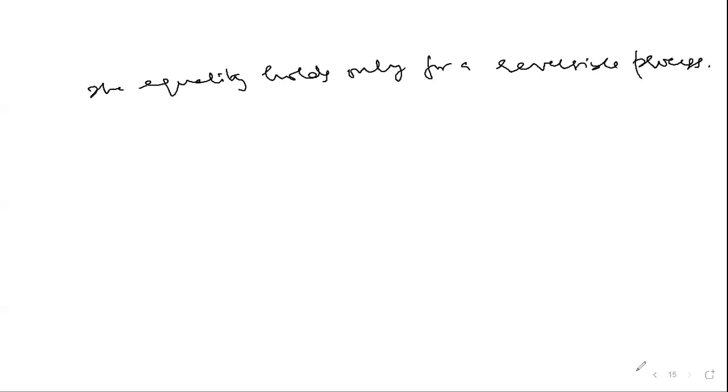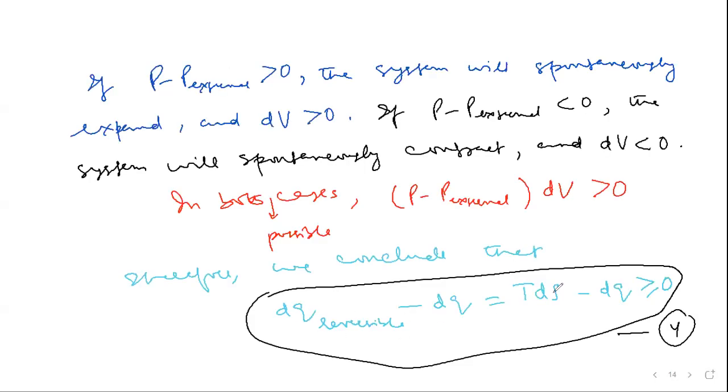This equation 4, TdS minus dq is greater than or equal to 0, is called the Clausius inequality.